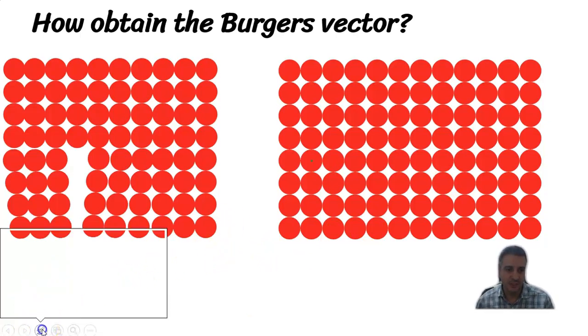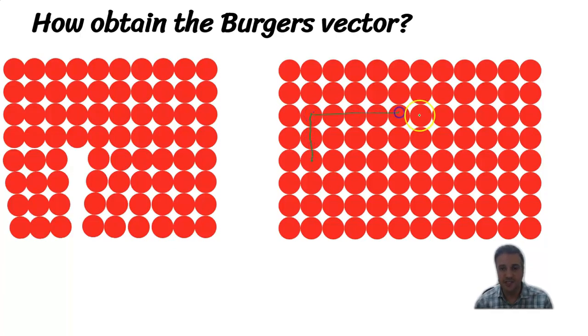I change the color, and I go 3 distances up, 4 distances right, 3 distances down, and 4 distances left, and I reach the initial point.